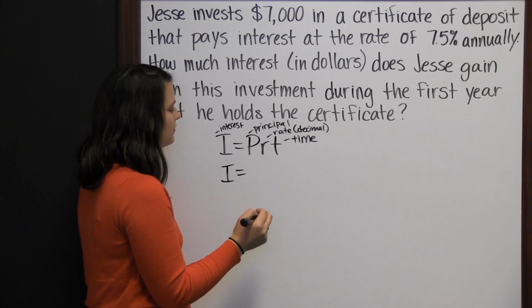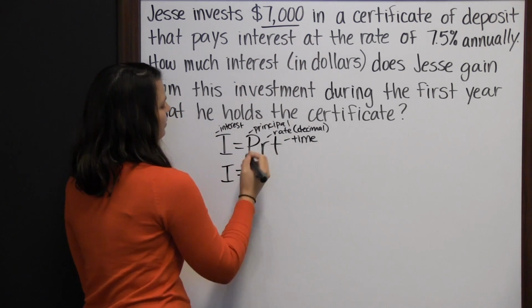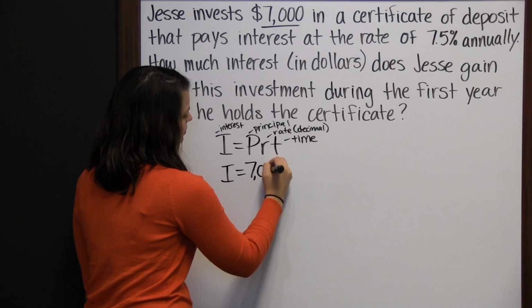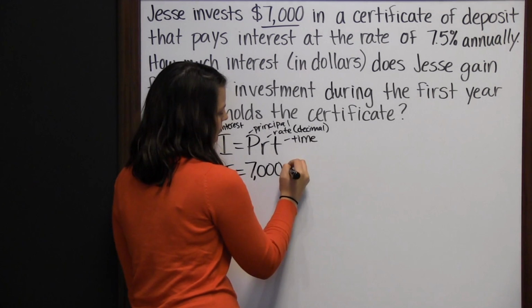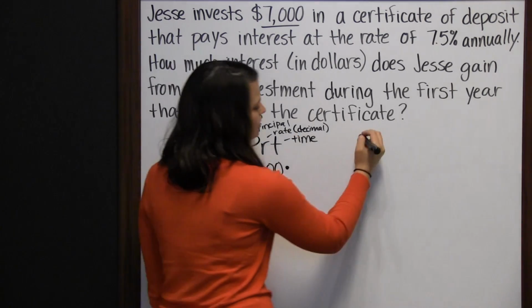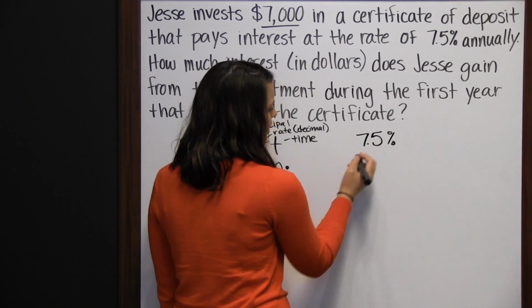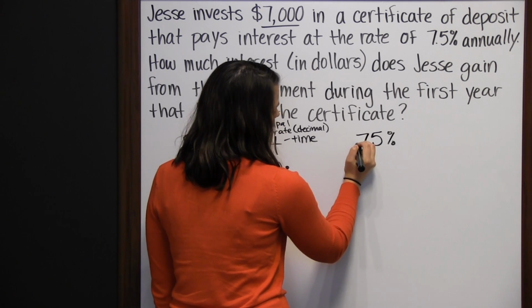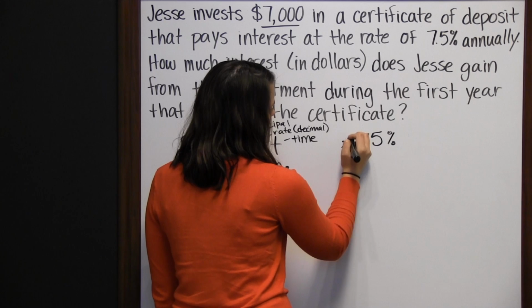So our amount of interest is equal to the principal, $7,000, times the rate as a decimal again. So we're taking 7.5% and changing it to a decimal, which means taking the decimal and moving it 2 places to the left.